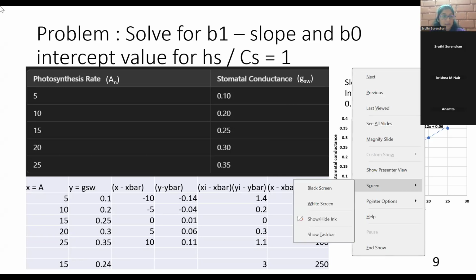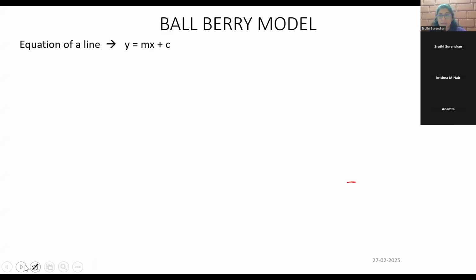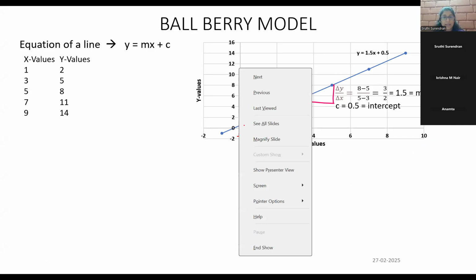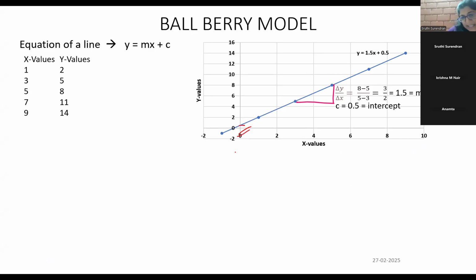So this is what the intercept usually represents. The slope is delta y by delta x, and the intercept value is the value of y at x equal to 0, where the line equation intersects the y-axis.